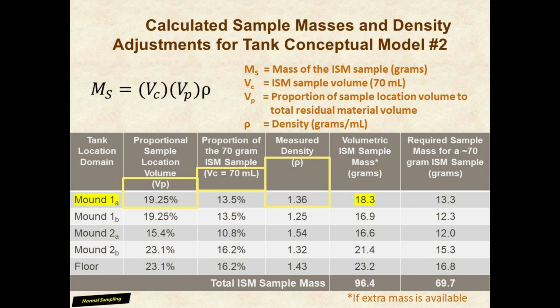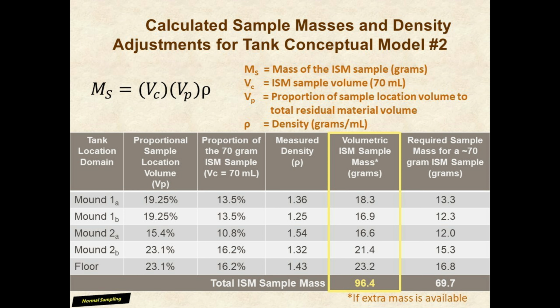For the Mound 1A increment, multiplying the proportion of 19.25 by 70 grams and then by the density of 1.36 yields a needed mass of 18.3 grams. Following this same procedure for the other 4 array increments and then summing the masses results in a mass of 96.4 grams.